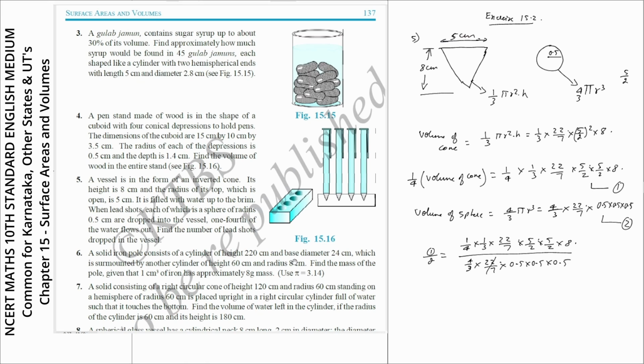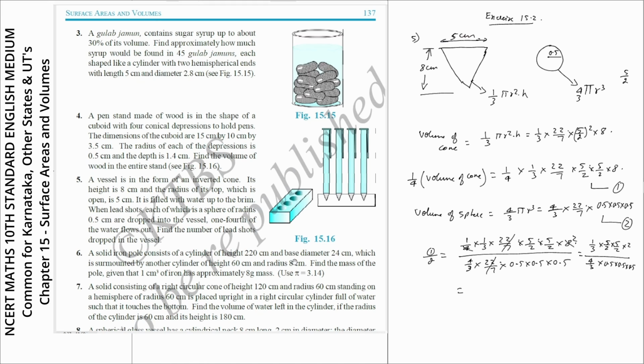So now 22 by 7 will get cancelled. Now is there anything that I can cancel? Now 4 ones are 4, 4 twos are 8 here. So now in the numerator I will be left with 1 by 3 into 5 by 2 into 5 by 2 into 2. The denominator I am left with 4 by 3 into 0.5 into 0.5 into 0.5.